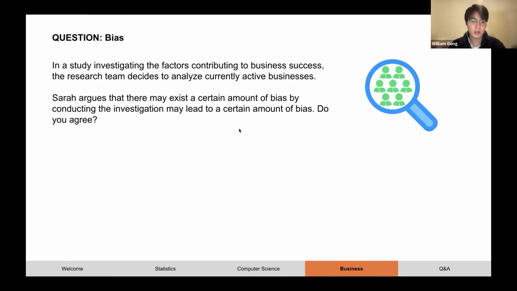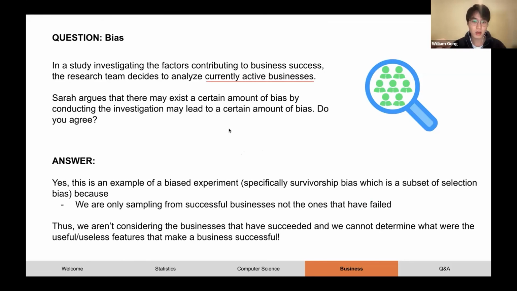Okay, so hopefully everyone has had a little bit of a thought about this question. The first main thing that I like to think about is understanding what exactly we are sampling from. So we're sampling from currently active businesses. Does that create a selection bias? In this case, yes, there is. This type of bias is called survivorship bias. You may remember from the tutes, there was a similar question about an airplane surviving and sampling from those.